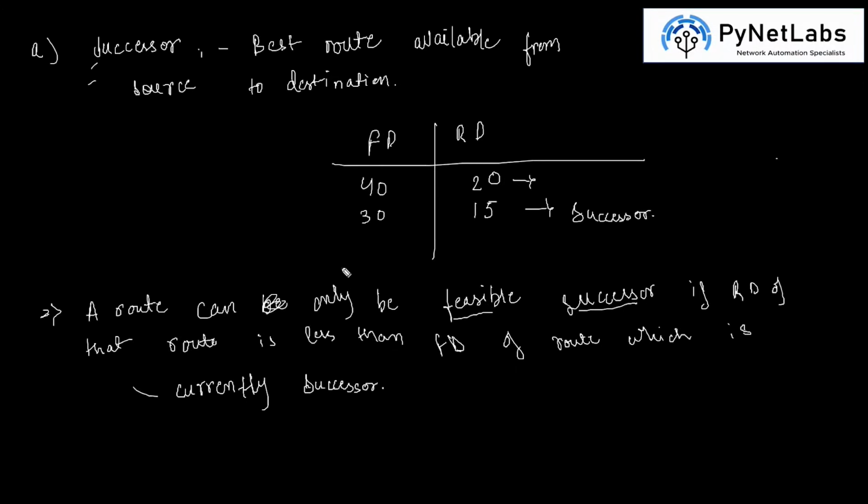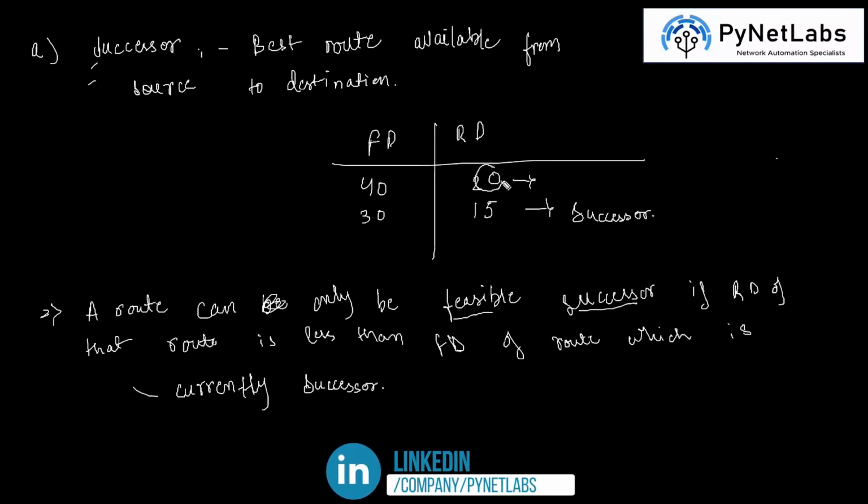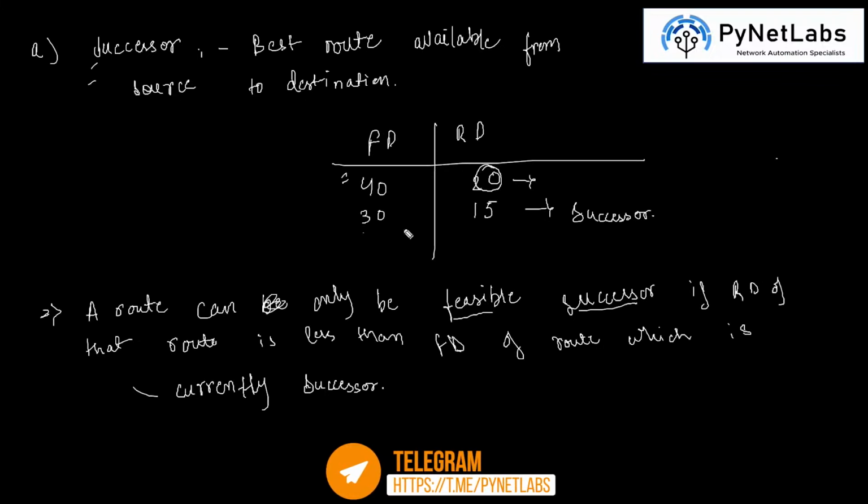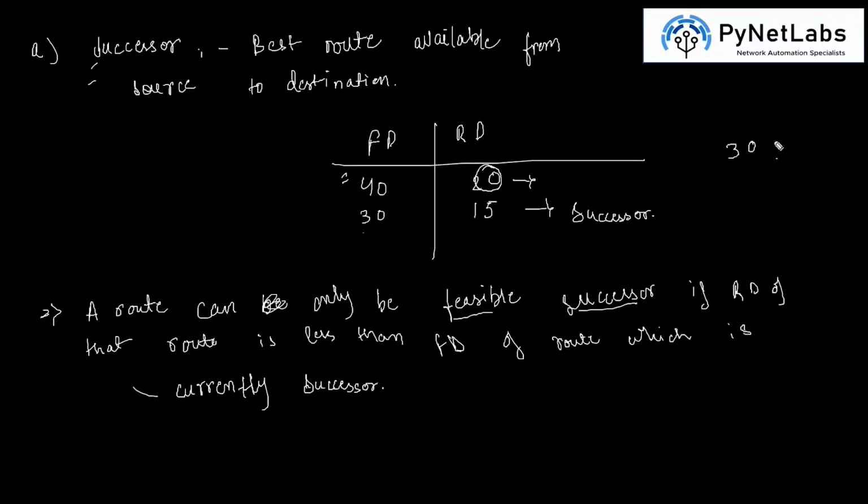The condition says that it can only be a feasible successor if the RD of that route, which means the RD of this route, is less than FD of the current successor route, which is true, right? 20 is less than 30. So the condition is being satisfied, and the RD value of this route is less than the FD value of the current route.